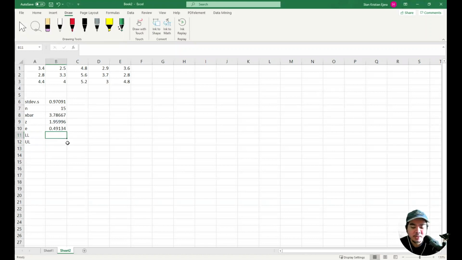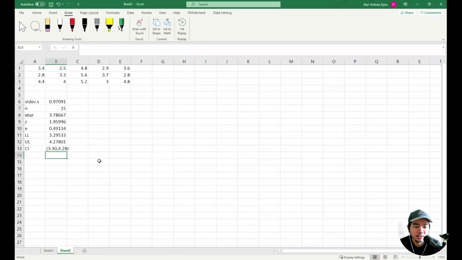So pwedeng ito mas bilis na way siguro. X bar plus minus, lower limit, so therefore minus the e value. Kasi ito upper limit naman, x bar plus the upper e. So it should lie between, and you can just type this, no, kung gusto nyo. Type para ma-round down nyo na yung decimals para hindi masyadong mahaba yung final answer nyo. So you can do ganyan.